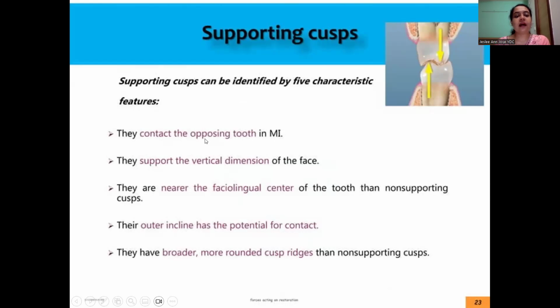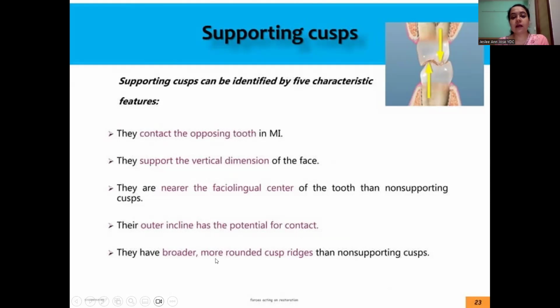They contact the opposing tooth in the mandibular arch and they support the vertical dimension of the face. They are nearer the facial-lingual center of the tooth than the non-supporting cusp. Their outer incline has the potential for contact.